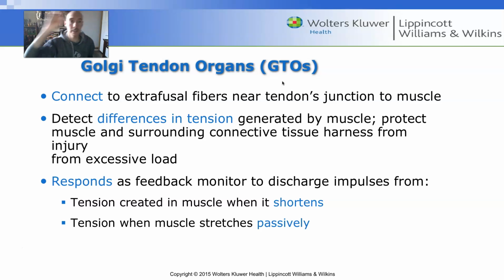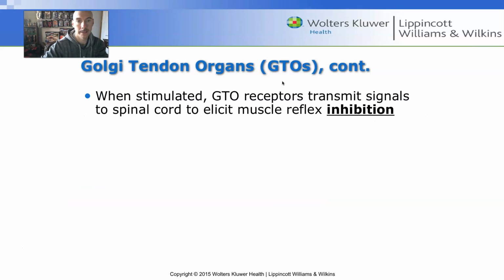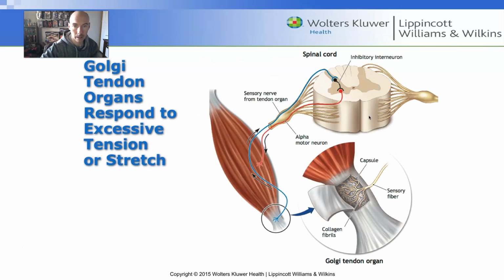When the Golgi tendon organ perceives tension, it actually reduces force production. Muscle spindle increases force production. Golgi tendon organ reduces force production. So it's inhibitory in nature. Muscle spindle stimulatory, Golgi tendon organ inhibitory. So this is a picture of where the Golgi tendon organ will be found. Again, it's in a tendon.